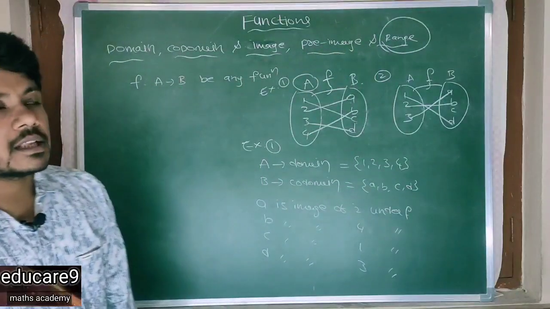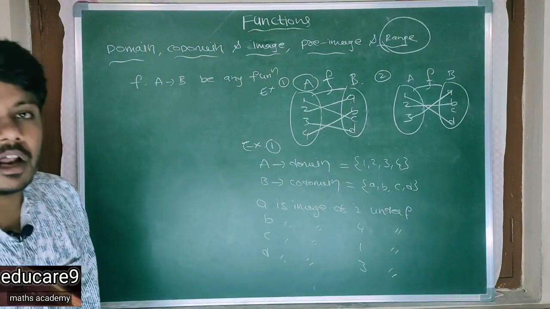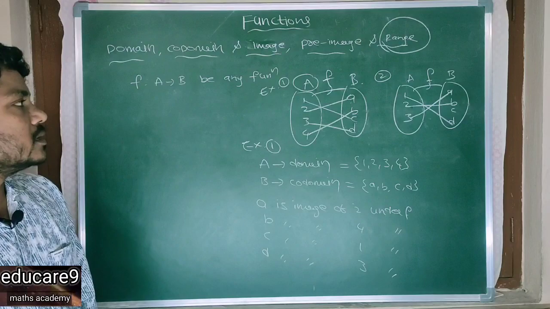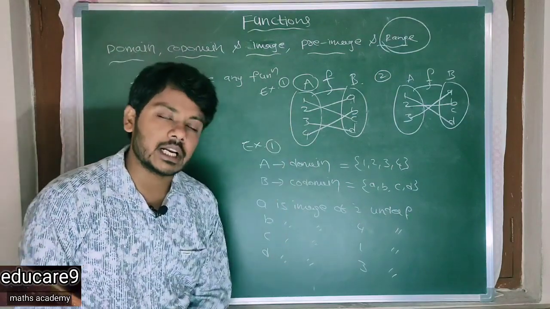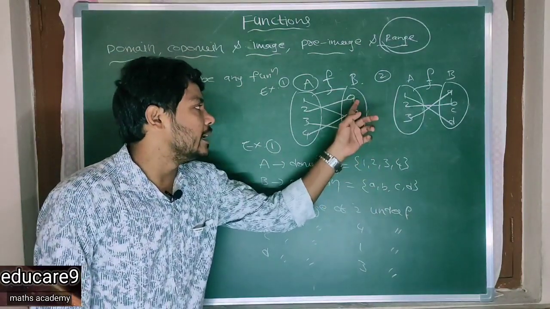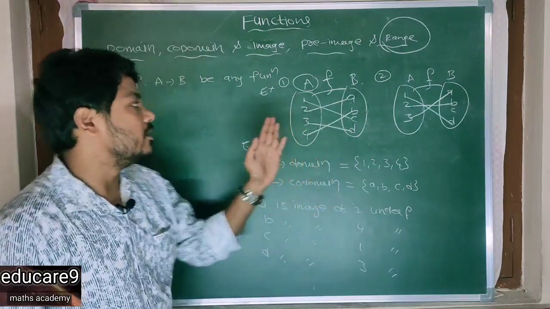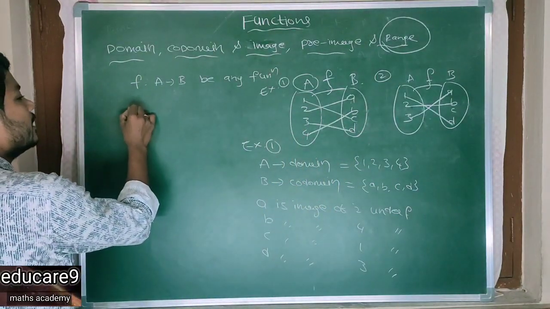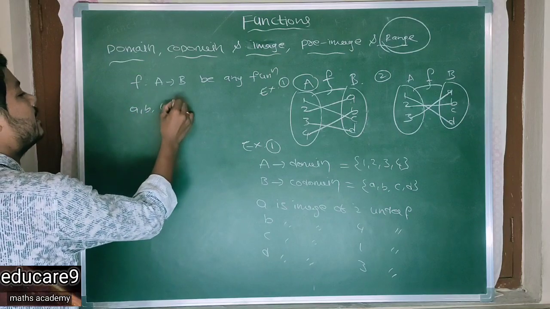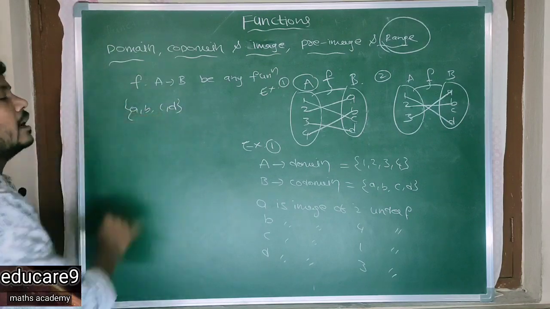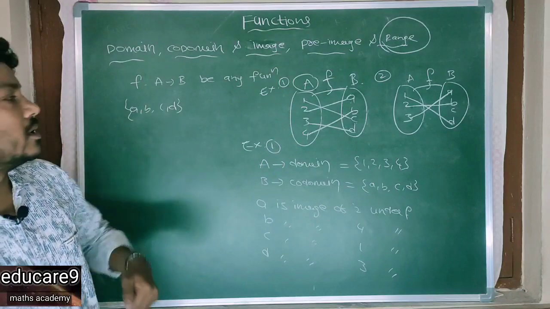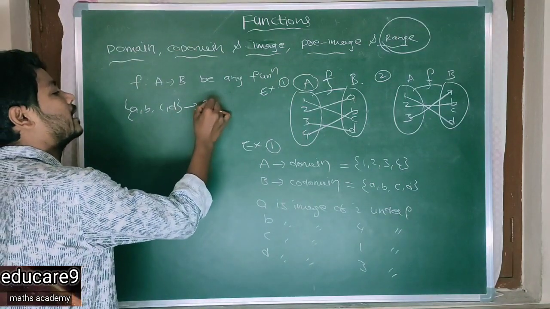Range means the set of all images. See here, in example 1, what are the images? A, B, C, D are the images of 1, 2, 3, 4. Therefore the set A, B, C, D is the set of all images. So this is called the range.